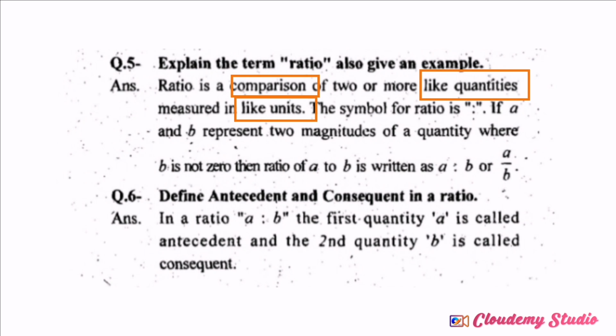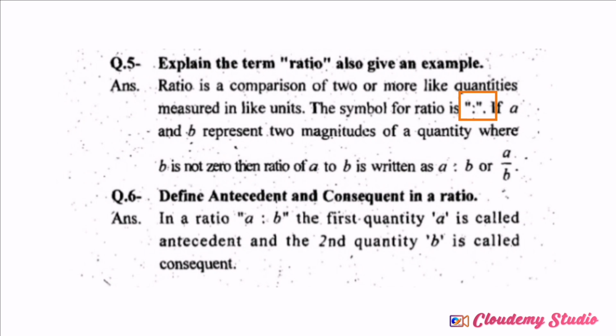So there are two important points: ratio is the comparison of two or more quantities, but the quantities must be like in unit, meaning the same unit. The symbol for ratio is this.